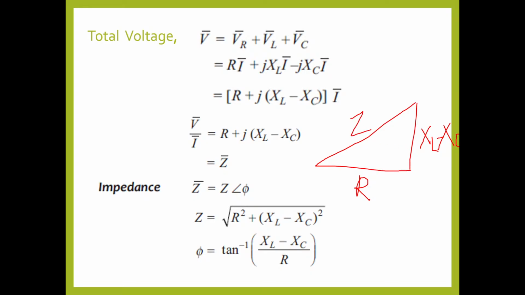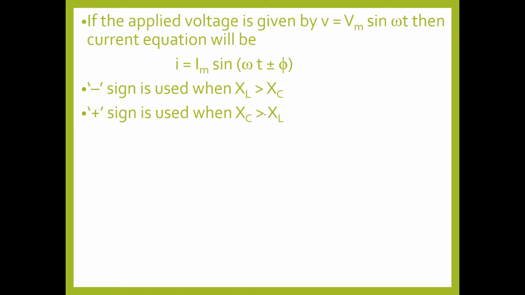And this is Z. So Z is equal to root of R square plus (XL minus XC) square. So what about phi? Phase angle. So tan phi is what? Opposite by base. Opposite is XL minus XC by R. So tan phi is equal to (XL minus XC) by R. Phi equal to tan inverse of (XL minus XC) by R. Okay.